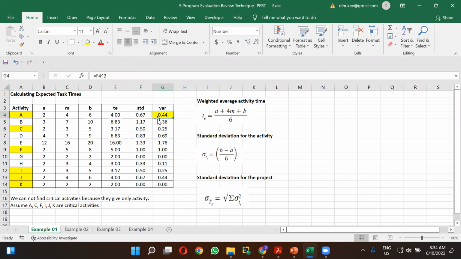For the A activity, the variance is 0.44. For the C activity, 0.25. For the F activity, it is 1.